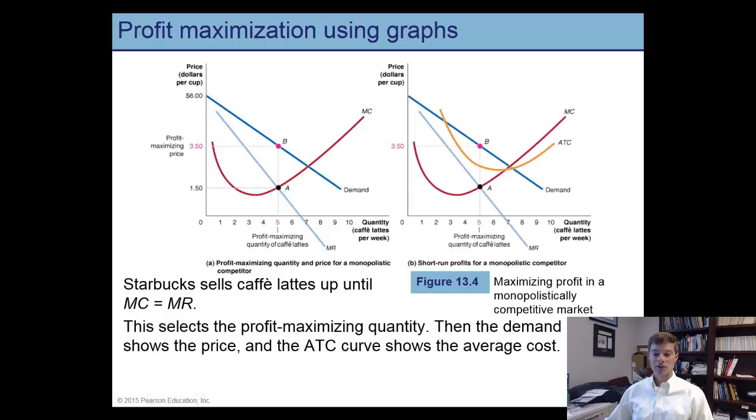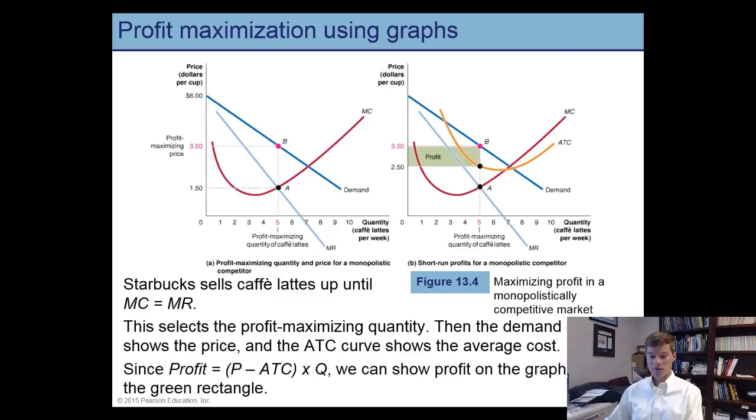I'll show you a second graph with an average total cost curve drawn. Here's how you calculate profits. You identify the average total cost of producing the profit maximizing quantity. The profit margin is the difference in the profit maximizing price and the average total cost of production. That profit margin is earned on all of the units that are produced and sold.